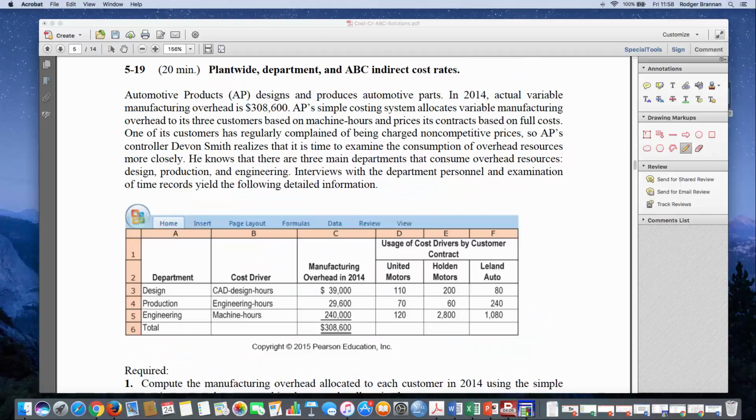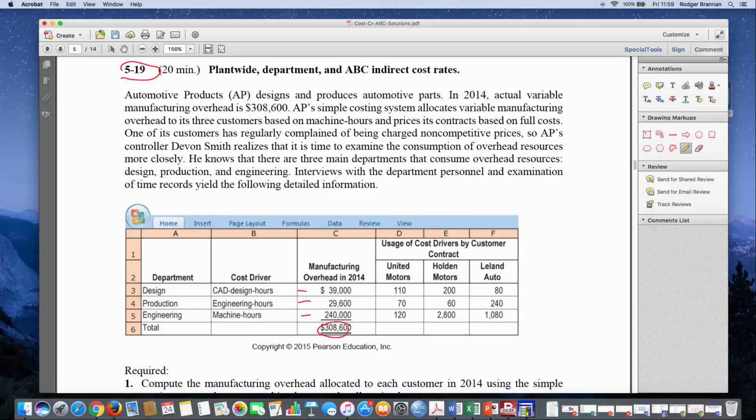Okay, now number 19 is a relatively simple problem, but sometimes simple problems like this are also the best because I think it really incorporates everything that you need to know about activity-based costing without making it overly difficult. So what they've done here for you is to take the total overhead cost of $308,600 and divide it into these three different pools.